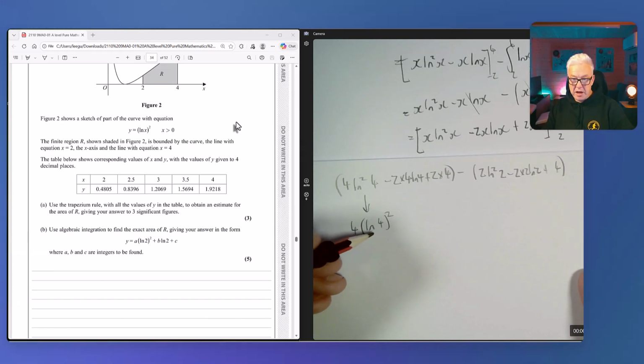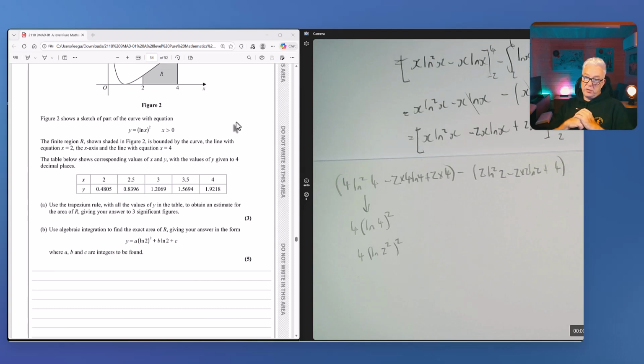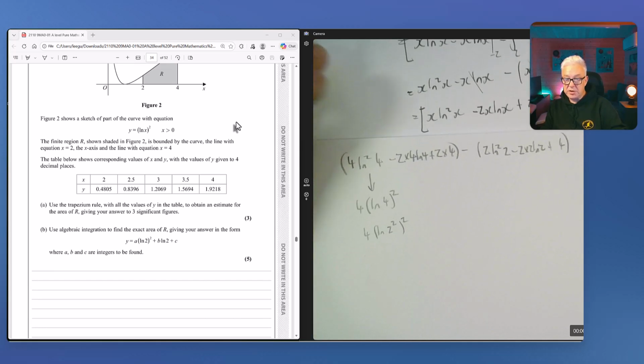In fact, let's reimagine how we're going to think about this one. Because ultimately we're aiming for a format where it's going to be like ln2. Okay, so that's what it needs to be. So right, let's have a look. So we're going to have 4 ln2 squared. So I'm just rewriting 4 as being 2 squared. Okay, I'm then going to use the power law to bring that 2 to the front.